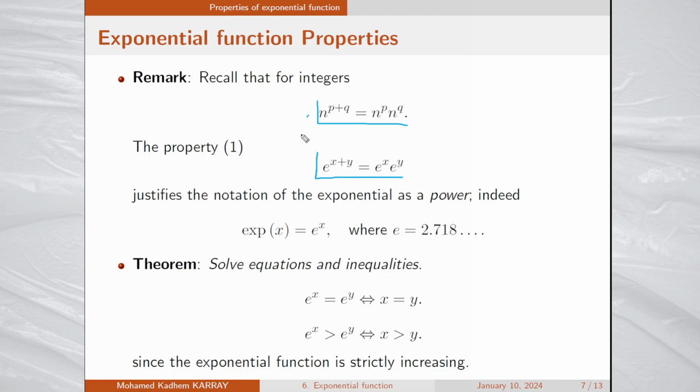So you see the analogy between these two formulae, and in fact this analogy justifies the notation of the exponential as a power. And indeed, the exponential is really a power where the number e is a real number 2.718, etc. So this is a real number with some numerical value, and the first digits are shown here.